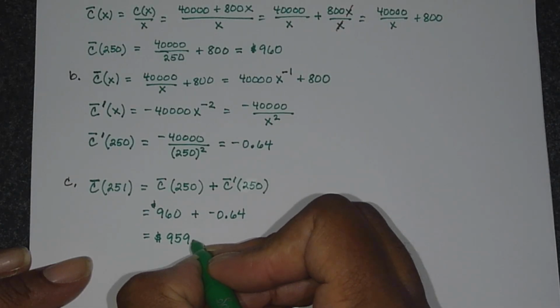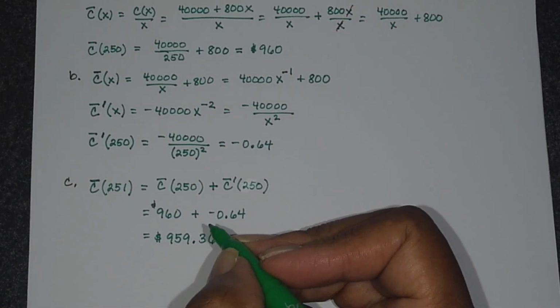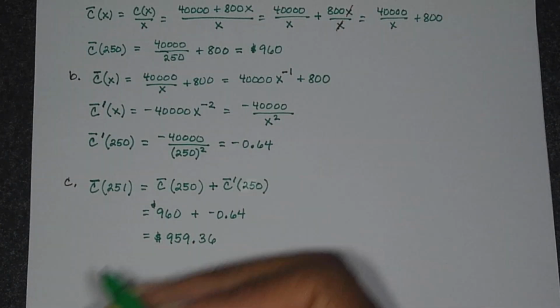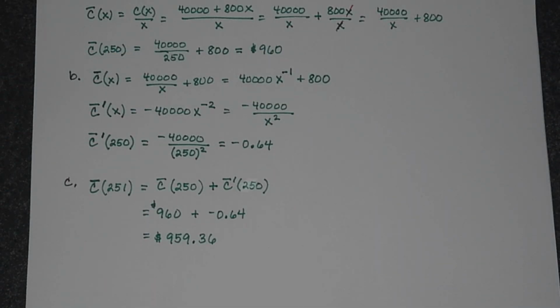Okay. So it'd be $959.36. And that we can say is the average cost per frame if 251 frames are produced. That'd be $959.36. Okay. Questions on problem number 14?